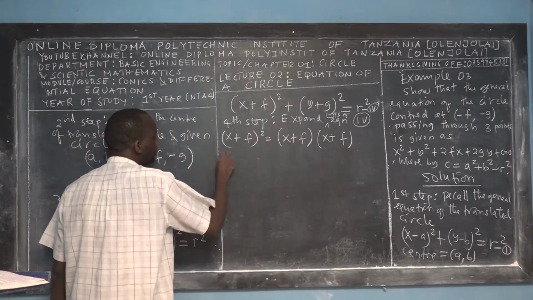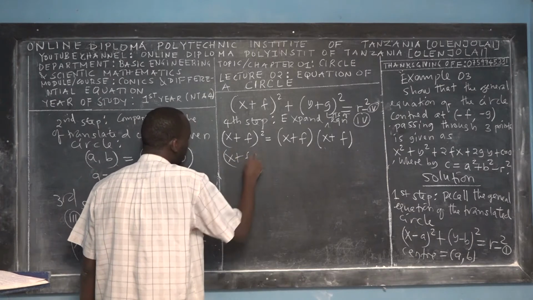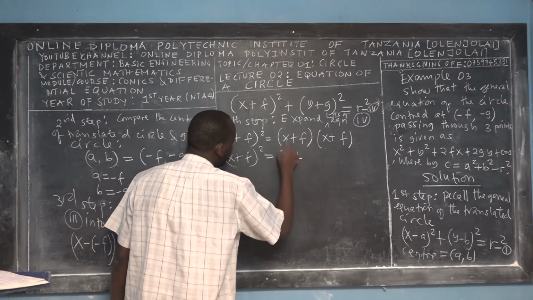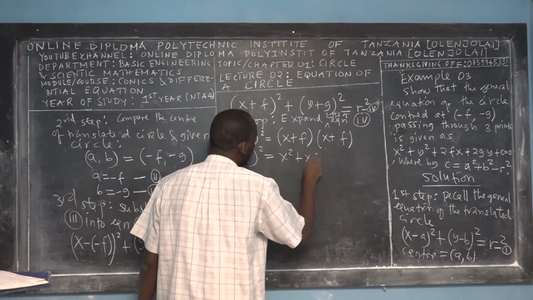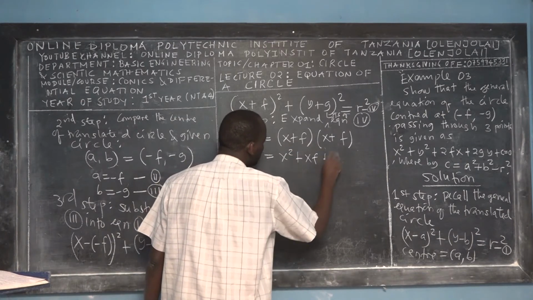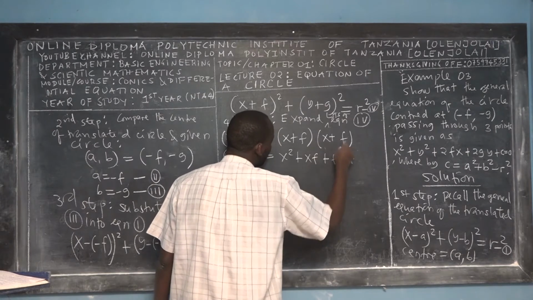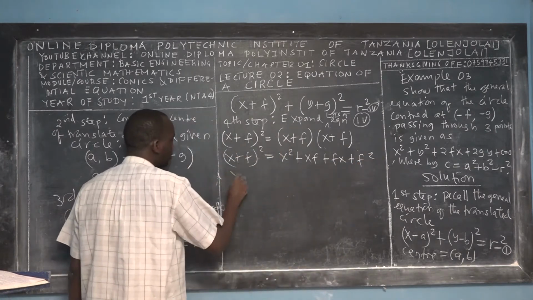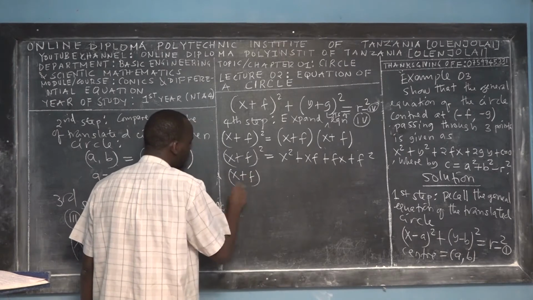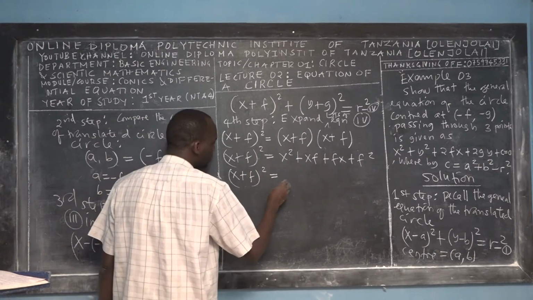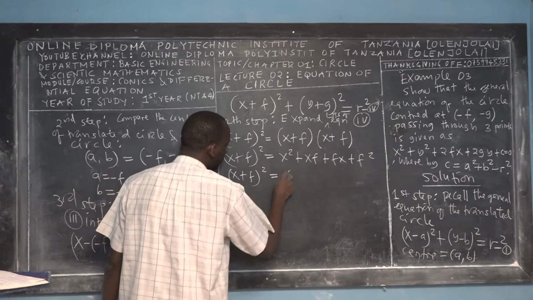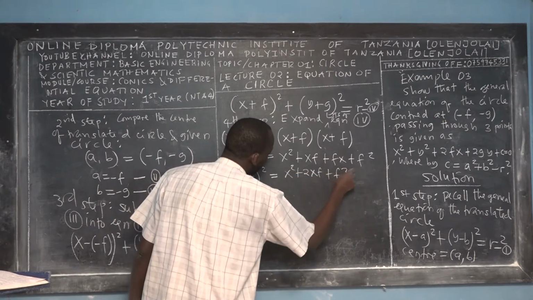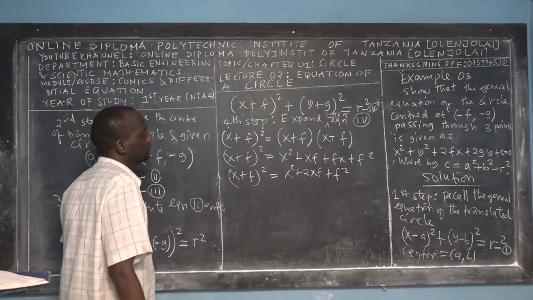So simply x plus f squared is equal to x times x, it is x squared, x times f, it is xf, and then f times x, it is fx, and then f times f, it is f squared, right? So x plus f squared is equal to x squared plus 2xf plus f squared, right?